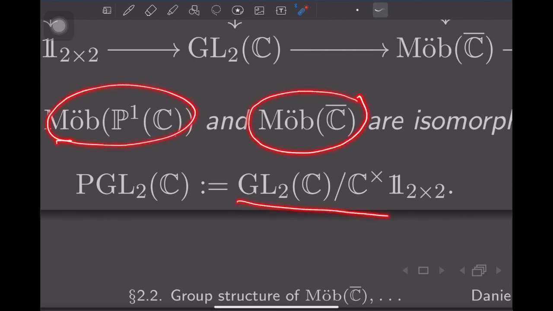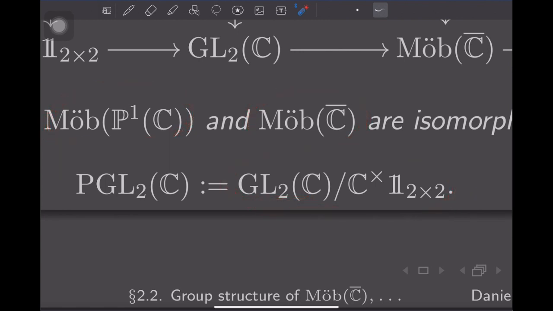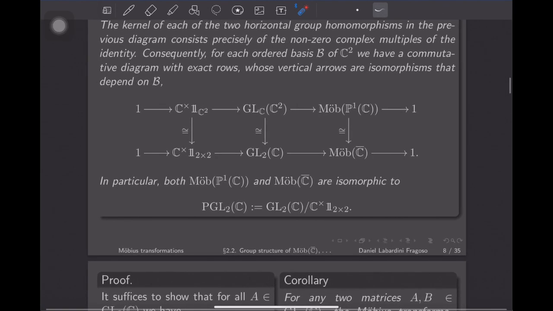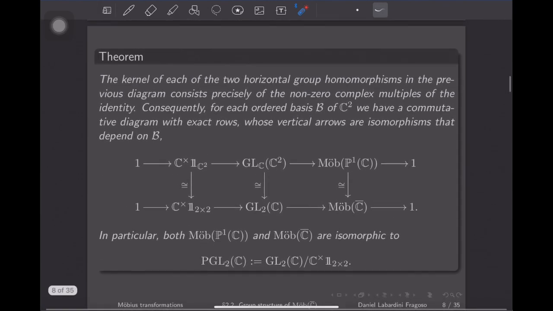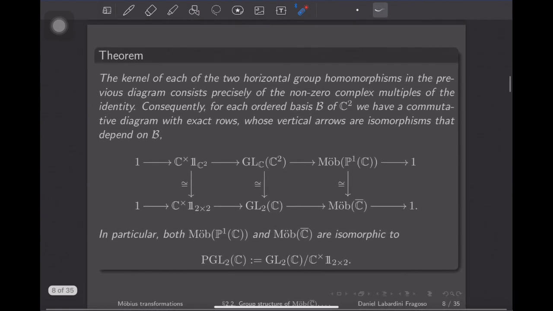It's just invertible matrices modulo you are free to multiply by non-zero complex numbers without changing your transformation.